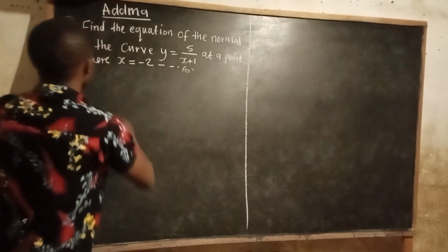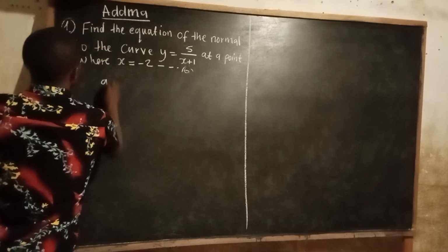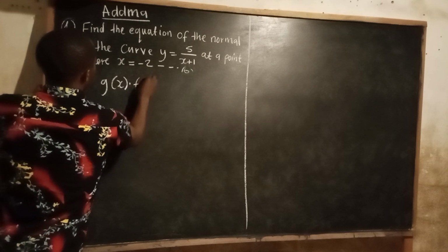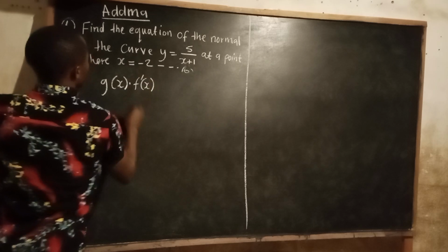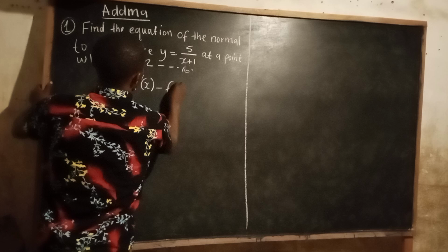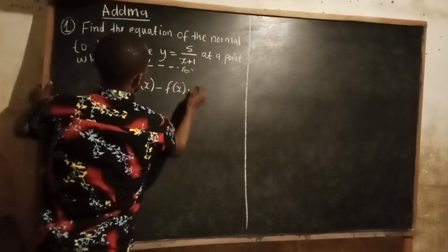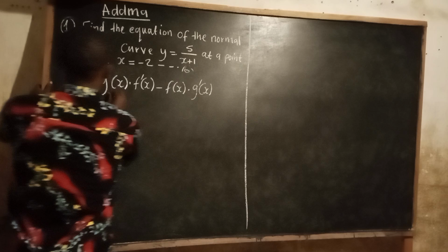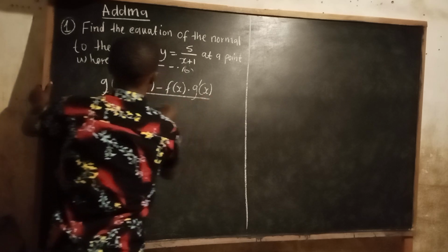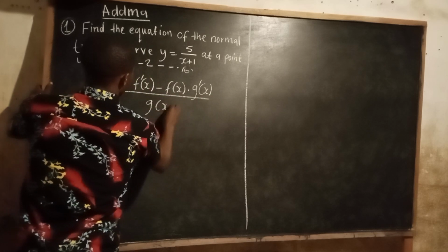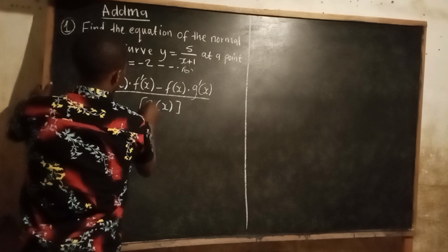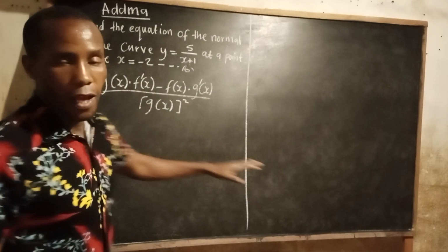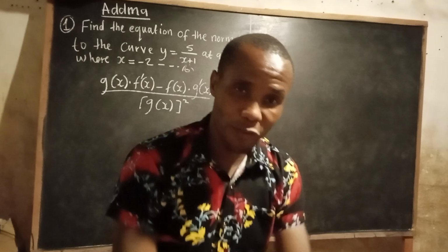So let us proceed and see how we are going to find the gradient of this same one. So g of x, f of x prime minus f of x, g of x prime, over g of x squared. Now from there we can substitute.